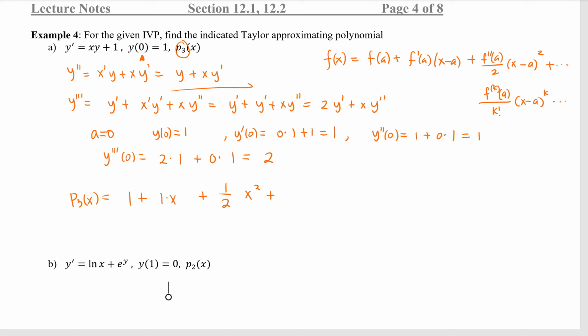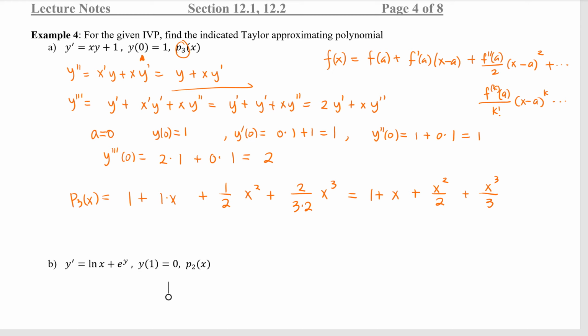The third derivative is 2 over 3 factorial, which is 3 times 2, times x cubed. So the answer is 1 plus x plus x squared over 2 plus x cubed over 3. This is a Taylor approximating polynomial.